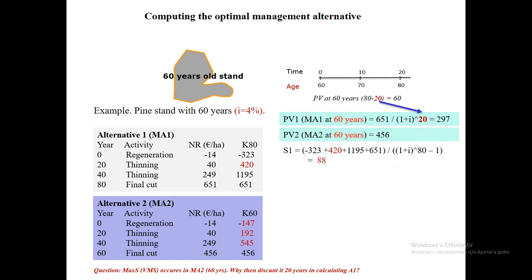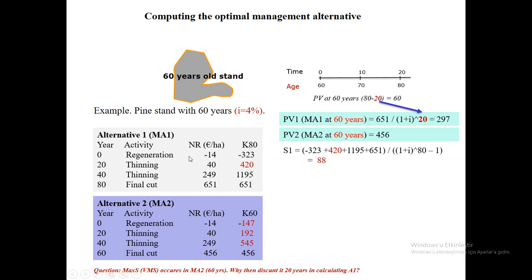S1 refers to the soil expectation value for alternative 1. As you can see over here, the future values are calculated first. Remember that we did this in a number of exercises. We have to first calculate the future value of each silviculture operation by the age of the rotation period, which is 80 over here.